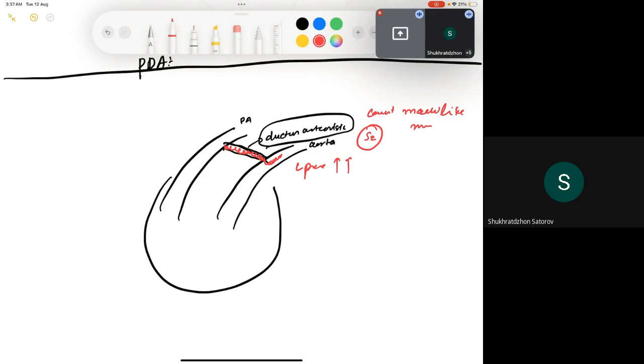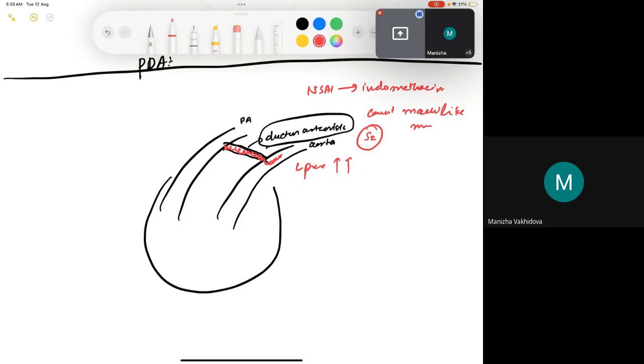How do we close this? By administration of NSAIDs. Remember, especially which one? Indomethacin. Indomethacin is going to lead to closure of your ductus arteriosus, and high oxygen tension is also going to close it.